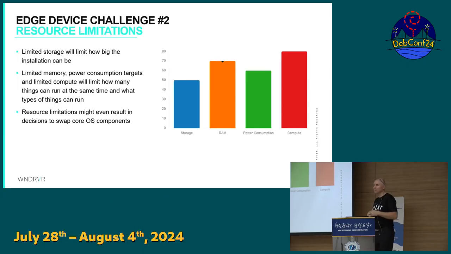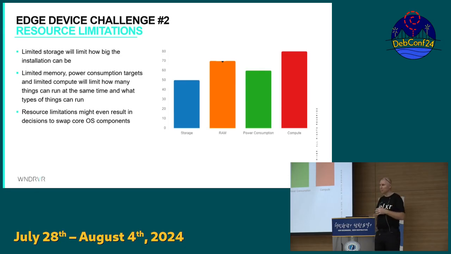Challenge number 2 is around resource limitations. Unlike desktops and servers, usually edge devices have limited resources. The big one when it comes to that is storage: how much space is available to host your operating system and user space. RAM is another one, what you can actually run at the same time on your device.